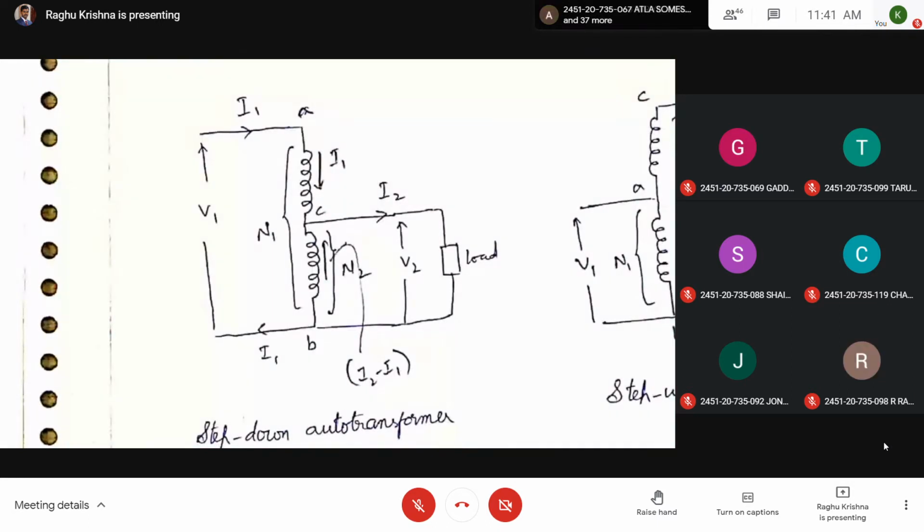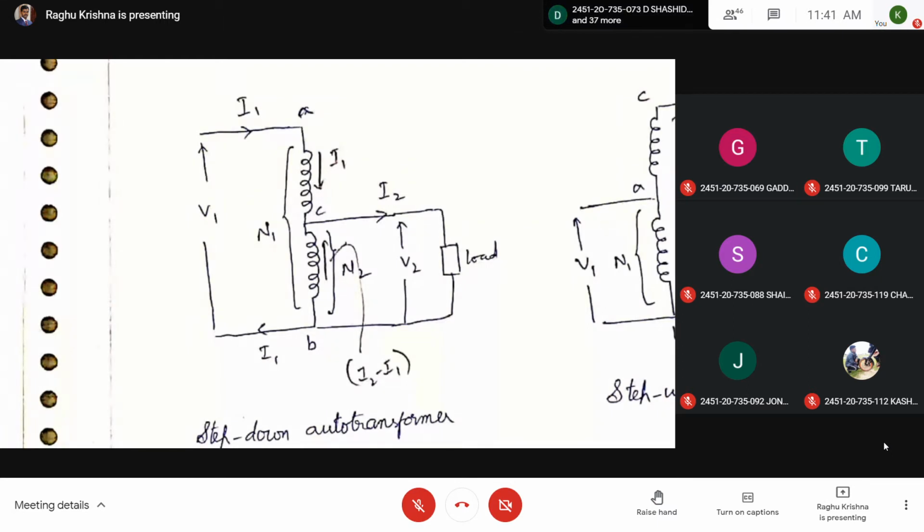So AB is the number of turns in the primary, represented with N1, and at the bottom you have B, in the middle you have C. So BC, or CB, is N2, the number of turns in the secondary.